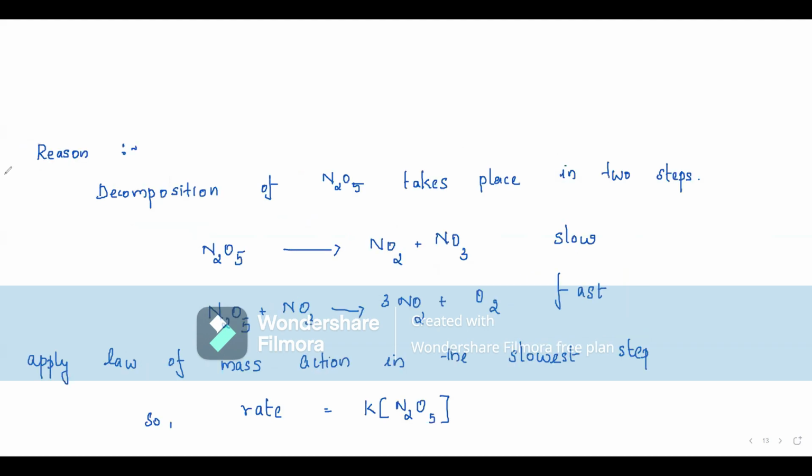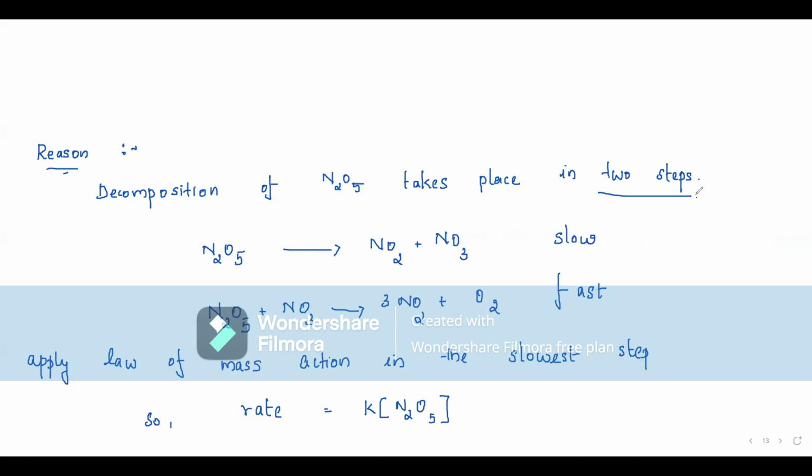Let's find out the reason. The reason is that the decomposition of N2O5, nitrogen pentoxide, takes place in 2 steps. Though we wrote the reaction in a single step, the reaction is not as simple as we represented it. It is a 2-stepped process.